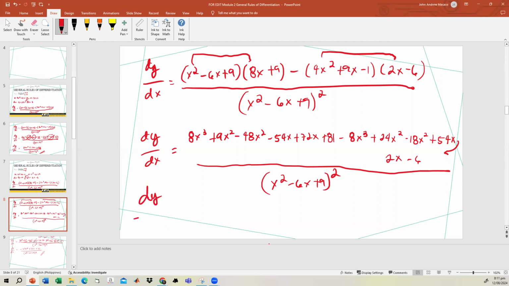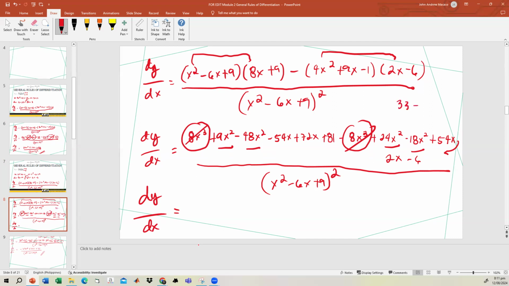Then trying to add now the like terms. So we have the highest degree, which is 8x cubed, and as you can see here, it will be canceled out. How about x squared? So we have 1, 2, 3, then 4. So you just need to add the positive terms. So 9 plus 24, that's basically 33.